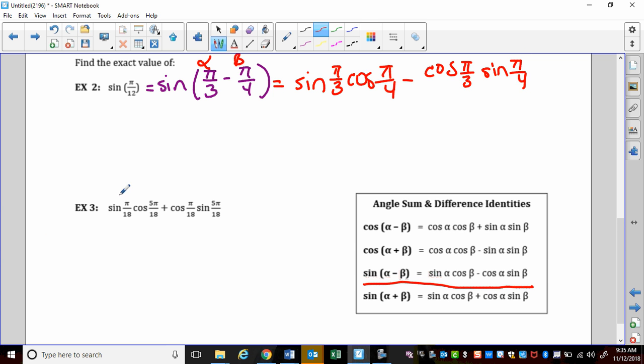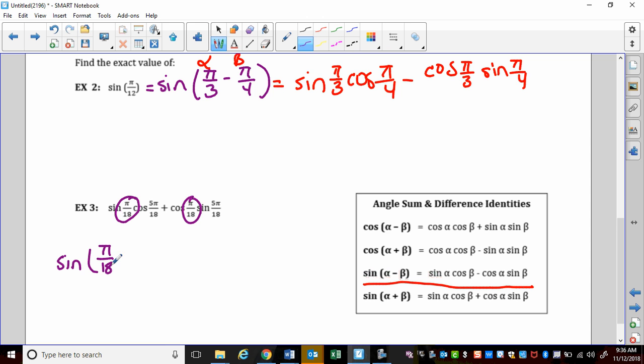Now this one is the opposite. Do you guys see that this is my alpha? This is this formula right here with a plus in the middle. So this is my alpha, and this is my beta, right? Now my alpha is going to be pi over 18. So I know this is a sine formula because it alternates sine and then cosine. So this is sine of pi over 18.